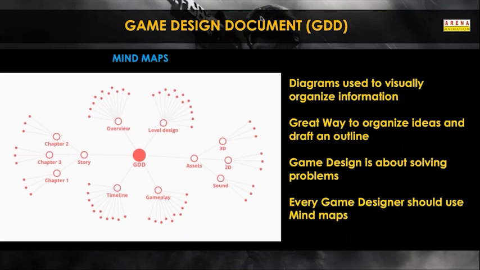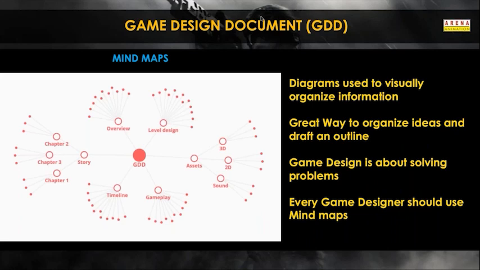So mind maps are actually diagrams used to visually organize information. So you can see, rather than text only, the mind map is much more visual and understandable. A mind map is a great way to organize ideas and draft an outline, okay, of what will be written in more detail later.